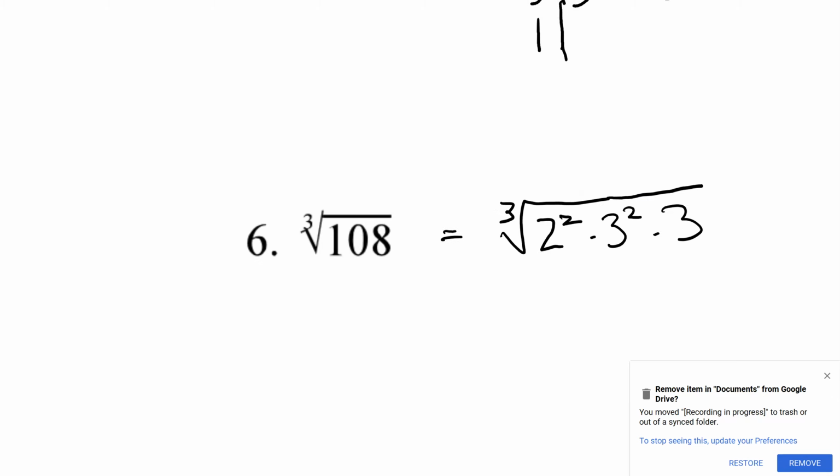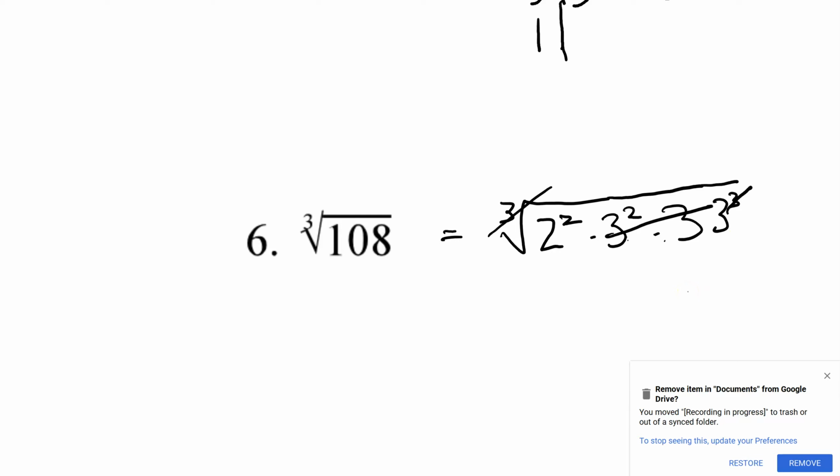So this time we're going to write this 3 squared times 3, that's 3 cubed. So I'm just going to rewrite that as 3 cubed because we're looking for numbers in 3's. And so this cube root will undo this cube.